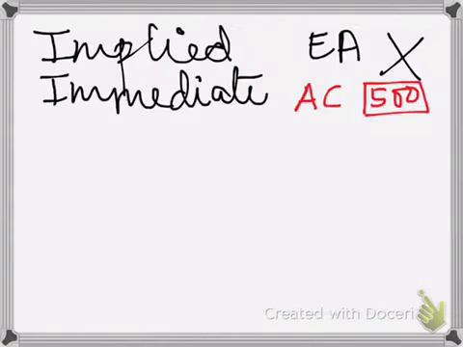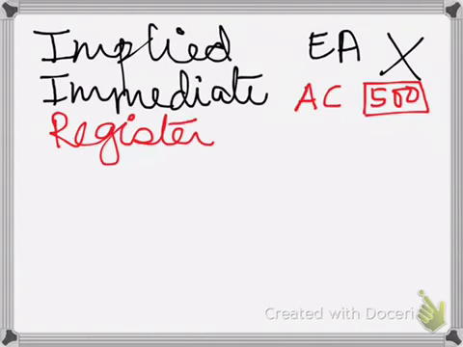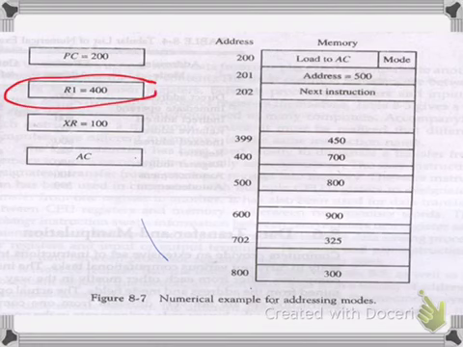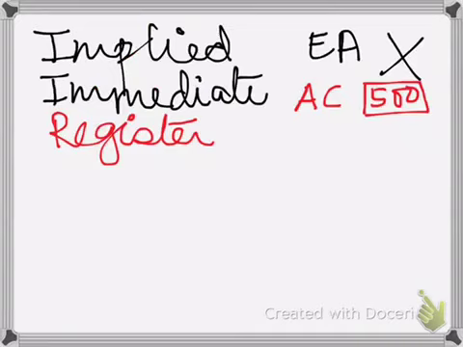The third is register. If it is register, then instead of having address equal to 500, we will have the address of R1 here, register R1. So in that case, what will be the effective address, or what will be the operand?